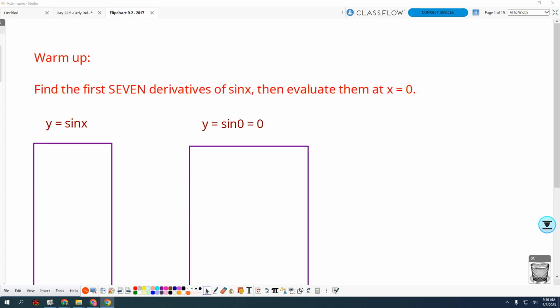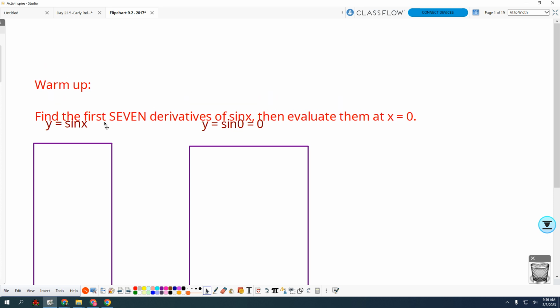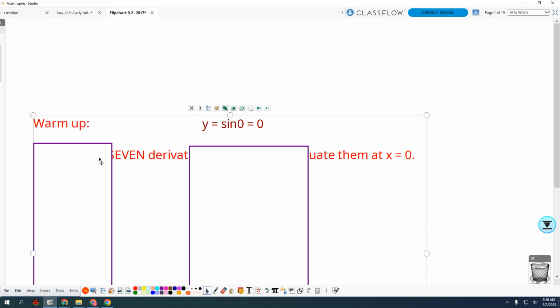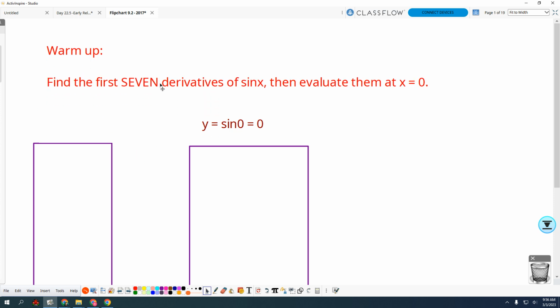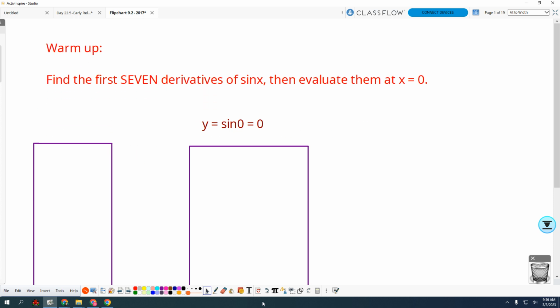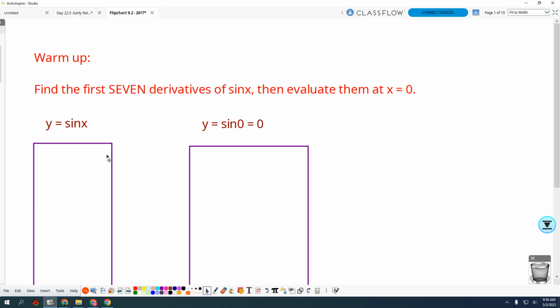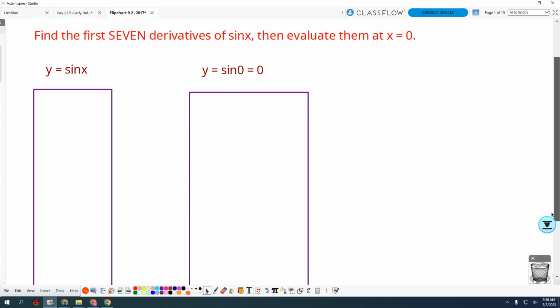Here's your sine. Here's cosine. So he says the derivative of sine is positive cosine.